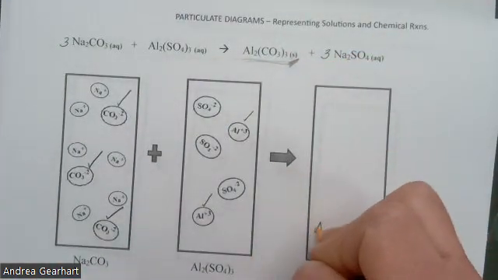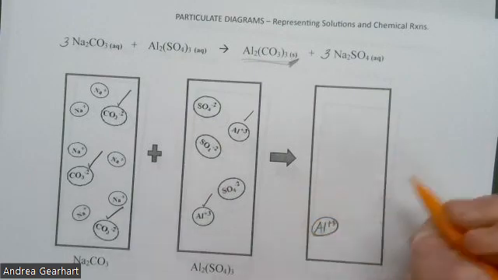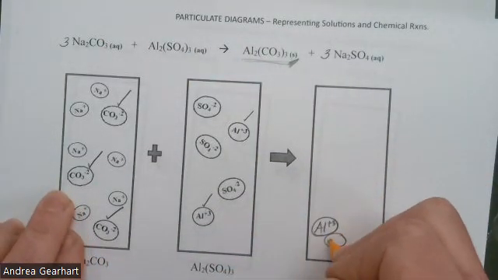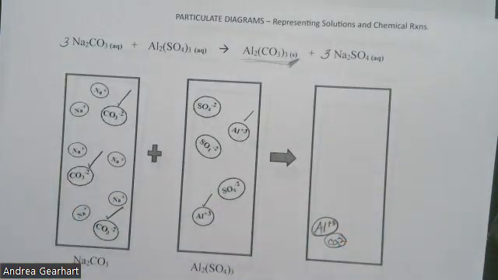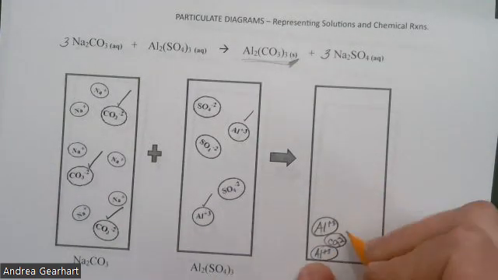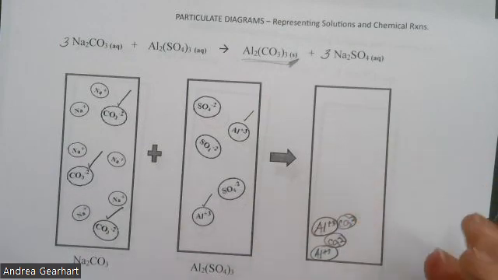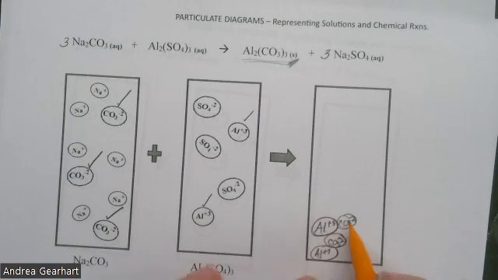They will attract each other, and I want to show them touching. We're just going to do the best job that we can. I wouldn't put cation next to cation, so we're going to do the best we can without really showing geometry here. So for every 2 aluminums, I have 3 carbonates.